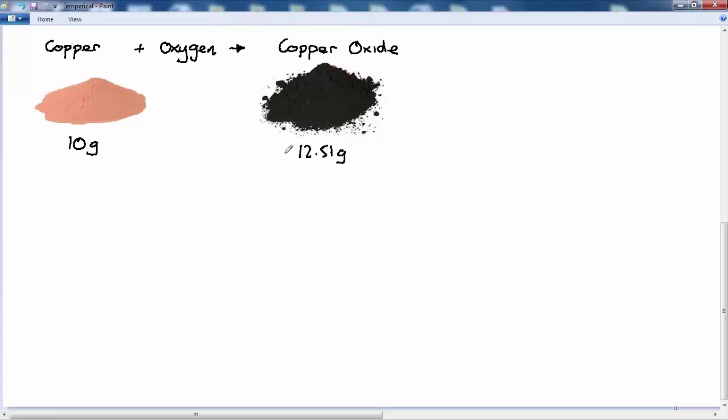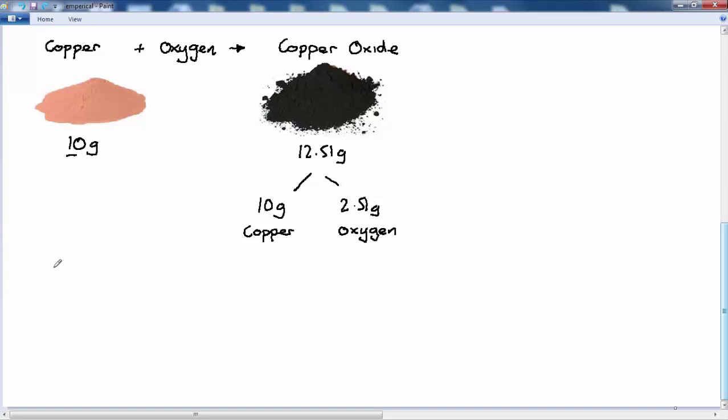Okay, so we now know that this 12.51 grams of copper oxide contains, or is made from, 10 grams of copper atoms, and the mass of the oxygen atoms present in the substance must be the difference between these two numbers. So there must be 2.51 grams of oxygen. So what we need to do now is to find out the number of moles of copper and oxygen atoms present in our 12.51 grams of copper oxide in order to determine the empirical formula.